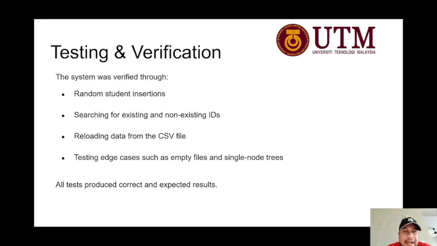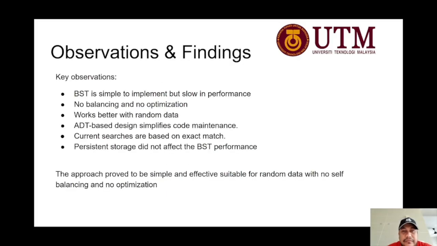As a result from the execution, testing and verification, when we verified that the student insert was random, the searches for existing and non-existing IDs seem to work. Reloading the data from the CSV file shows that the data is persisted, and testing edge cases such as empty files and single node trees returns the correct output. So all the tests seem to be correct and with expected results.